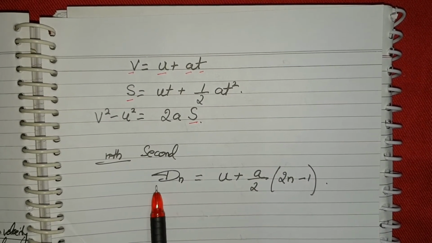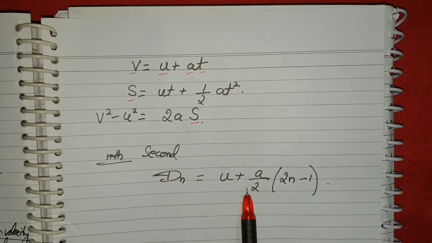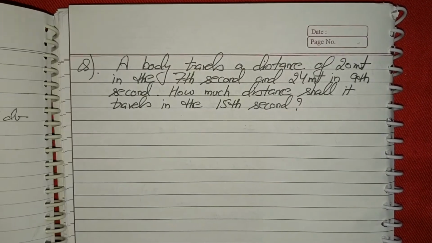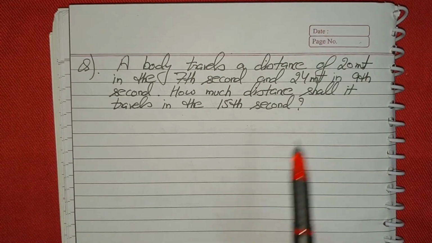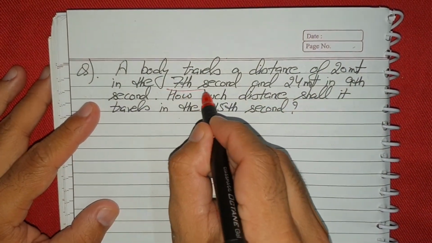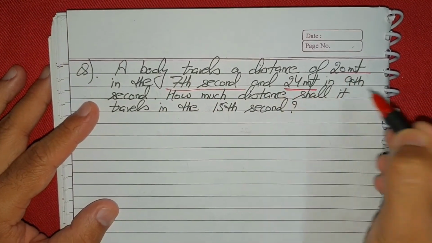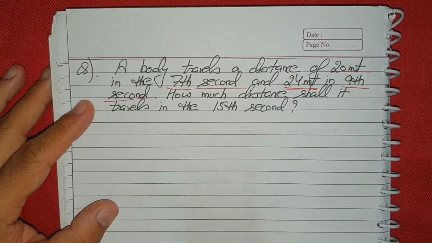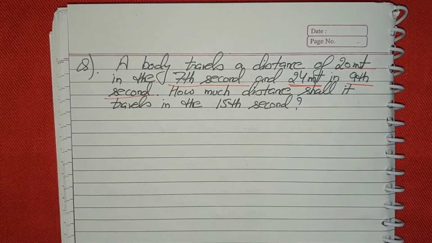Distance traveled in the nth second is initial velocity plus a by 2, 2n minus 1. Distance of 20 meter in the 7th second and 24 meter in the 9th second. So how much distance shall it travel in the 15th second?